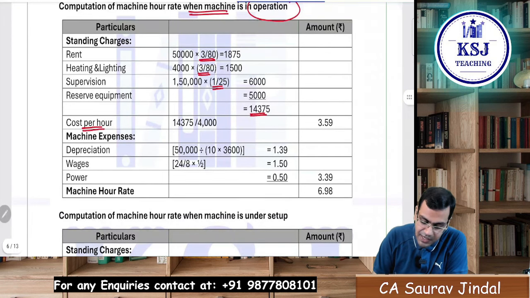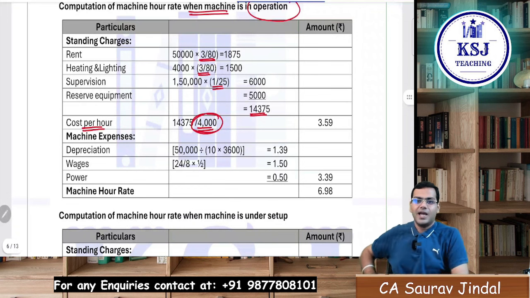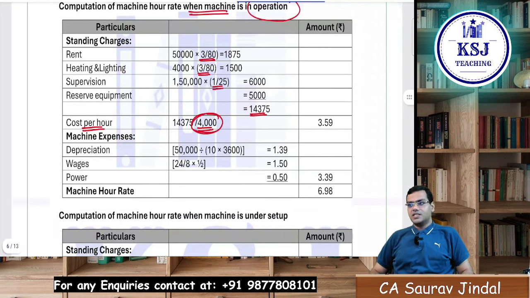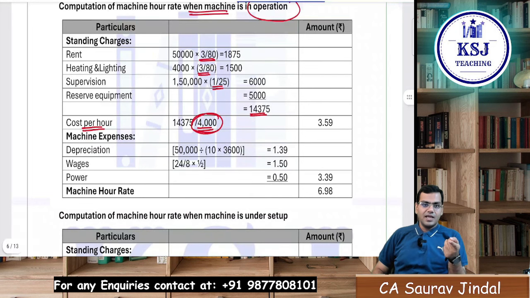Now cost per hour, these are the standing charges, again divided by 4000, the total machine hours, not by the effective machine hours, but even if we do it by the effective machine hours, that will be absolutely correct. So here the standing charges have been divided by 4000, that is the total machine hours, because we say that the fixed charges or standing charges are not dependent upon the machine hours.